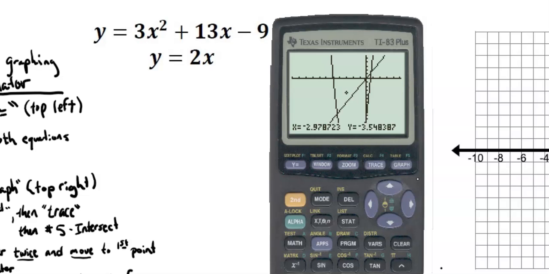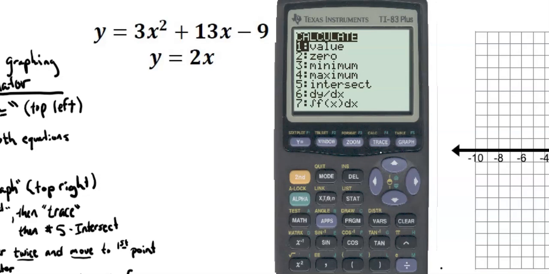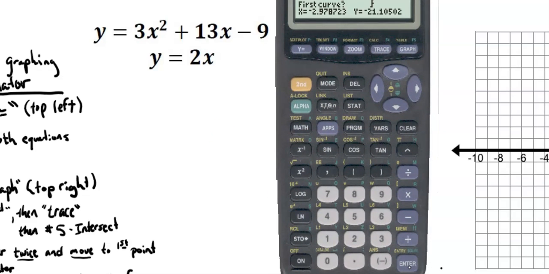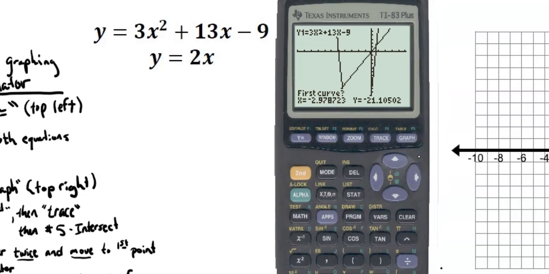Now we hit second function, trace, which takes us to the calculate menu, and we hit number 5 for intersect. The first curve, it tells you, is 3x squared plus 13x minus 9.